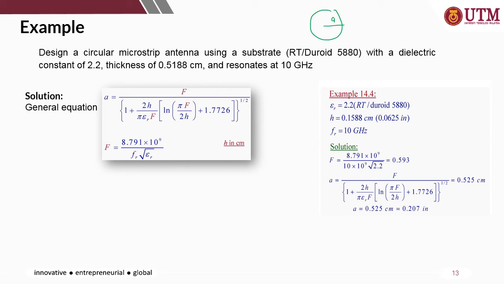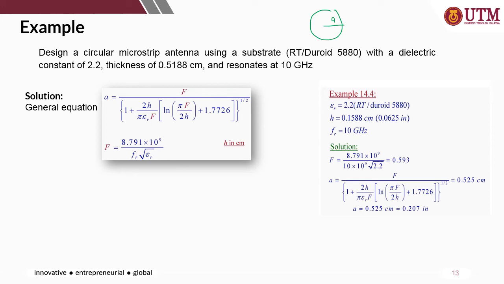For rectangular, we determined W, the width, and the length as the control parameters to control the transmission mode, while for the circular patch, only one degree of freedom, which is the radius of the patch antenna, is used to control the transmission mode. So let's look at the example.